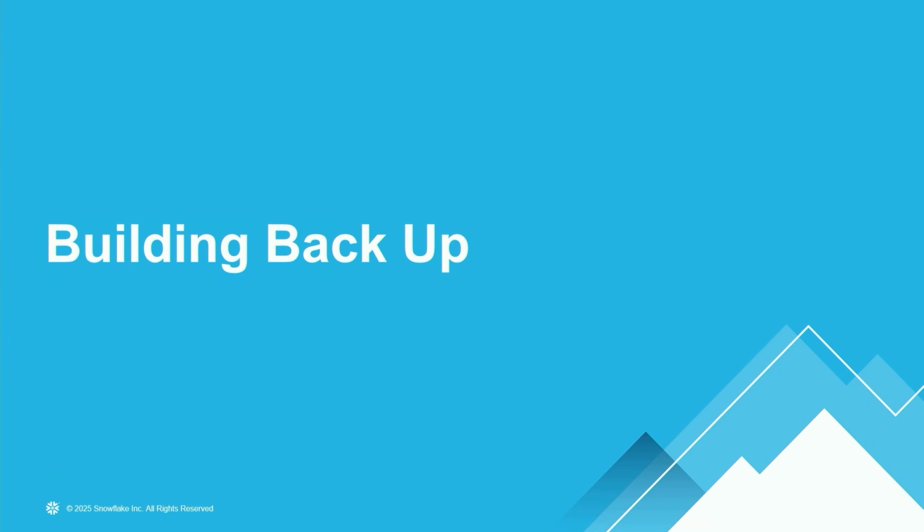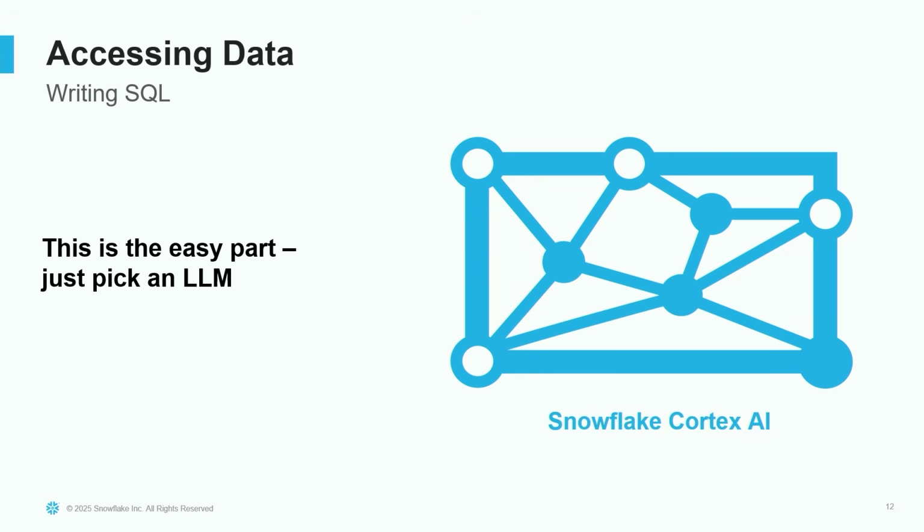All right, so we know what we need to do. Now we're going to go through piece by piece, and we'll talk about how we can actually do each one of these things. And we're going to start easy here, right? Accessing our data and writing SQL is pretty easy with any modern language model. Just pick something.